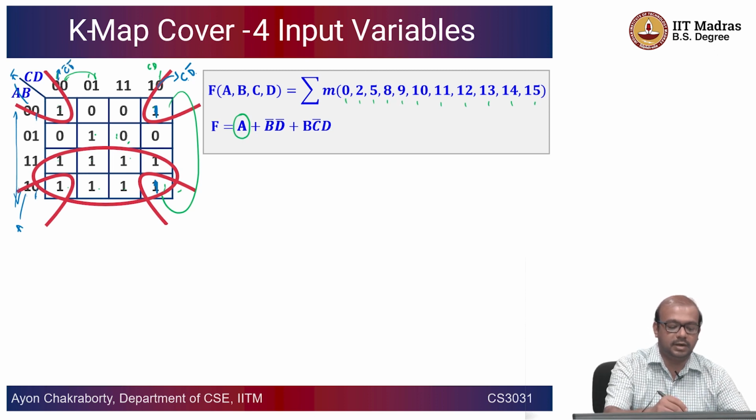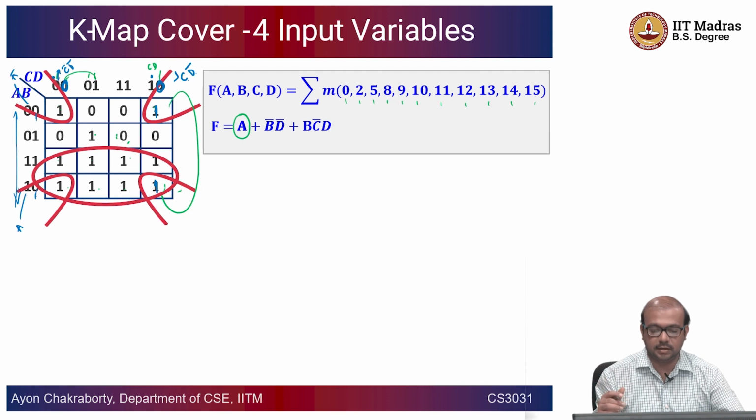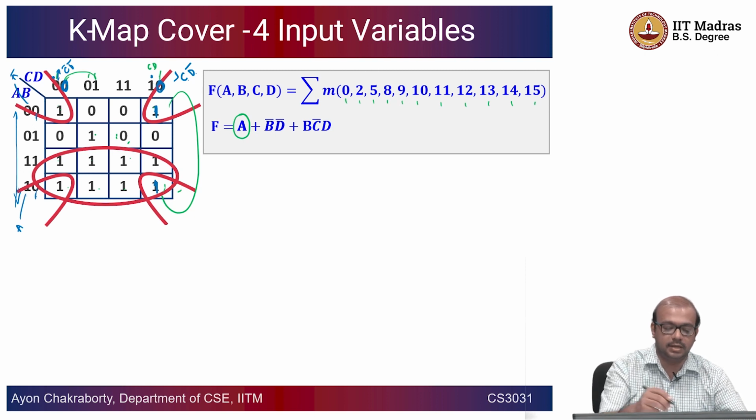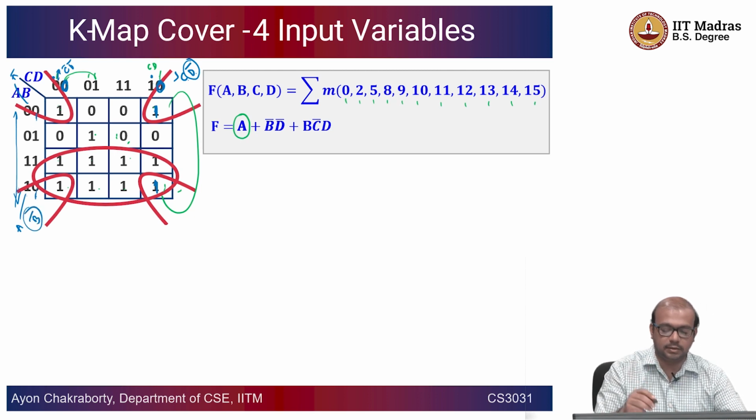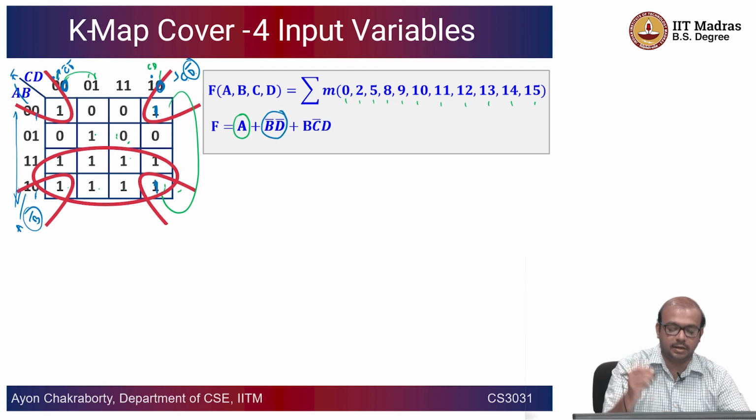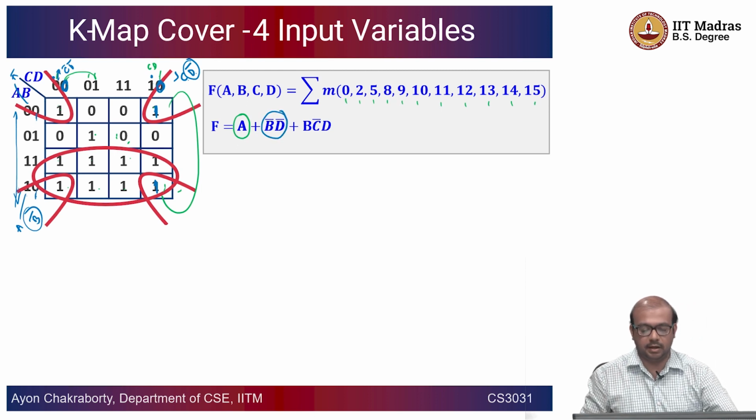D bar is the only thing that does not change. It was 0 here, 0 here, as well as 0 in the first entry. Whereas C was changing from C to C bar. If you look at the first bit, 1 and then 0, it is changing. So the only thing remaining is D bar from the top horizontal line and B bar from the vertical line. So B bar D bar is the expression for simplifying the corner ones.